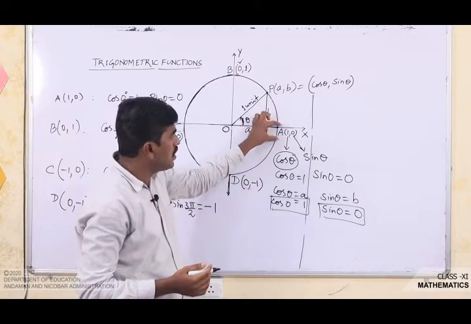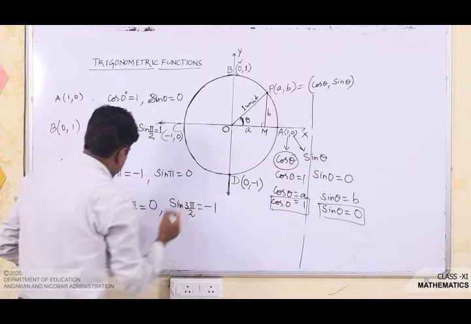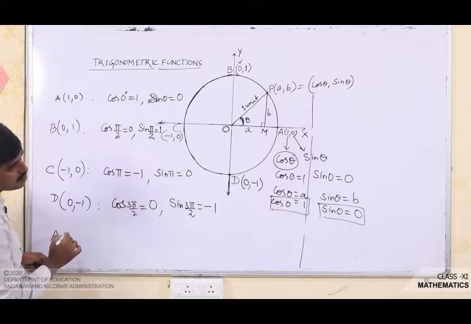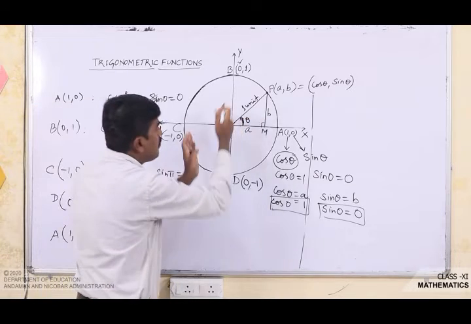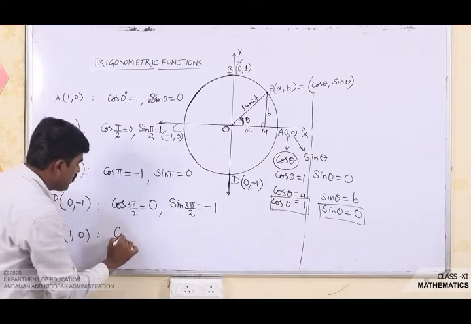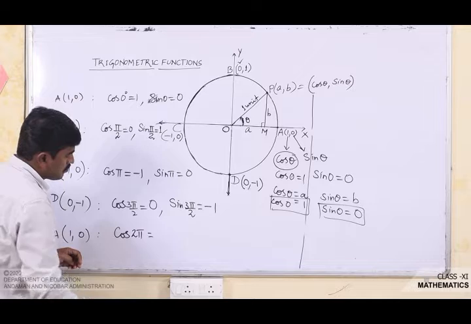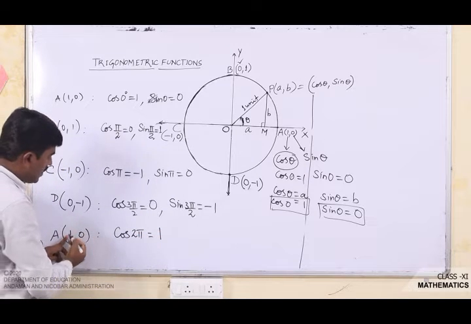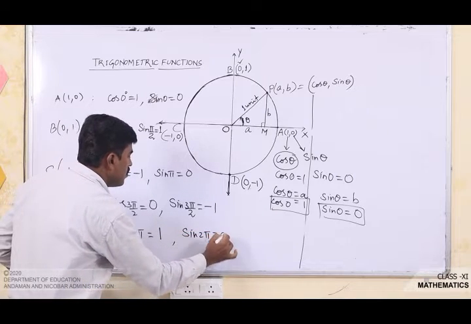Okay. Now again if we reach the point A 1 comma 0, one complete revolution is there. So at that point we will get again A 1 comma 0, if the revolution is completed, and the angle is 2 pi. So cos 2 pi is equal to 1, and sin 2 pi is equal to 0. Okay.